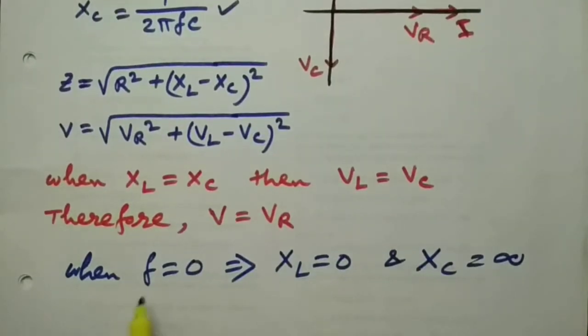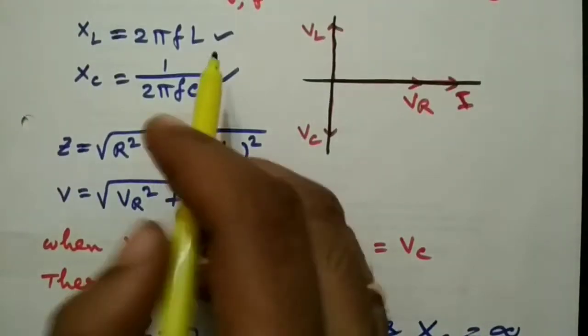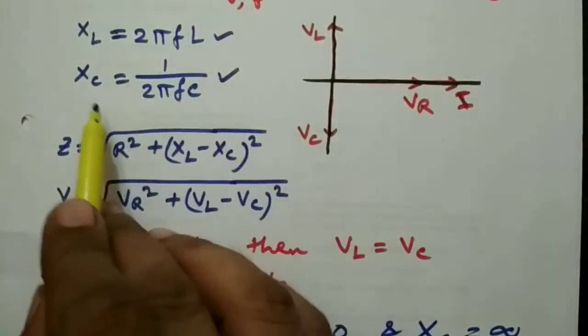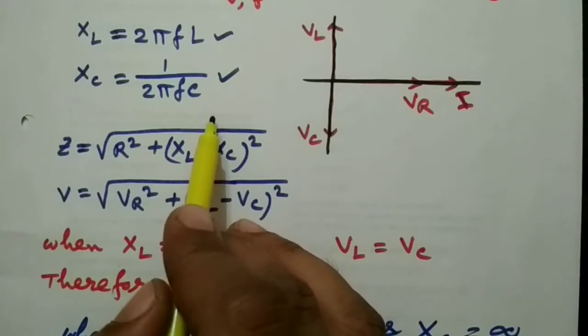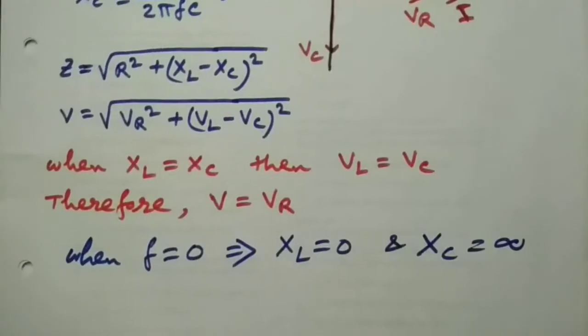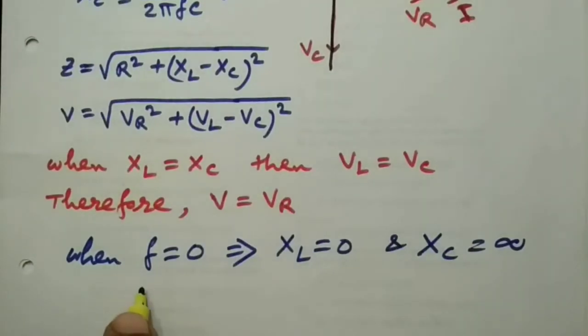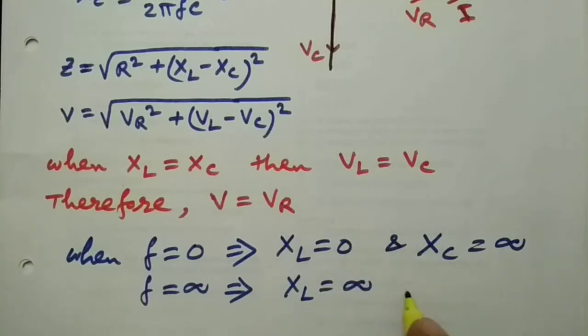As the frequency is gradually increasing, the value of XL will be gradually increasing, but the value of XC will be gradually decreasing. And when the frequency is infinity, then XL will be infinity and XC will be equal to 0.